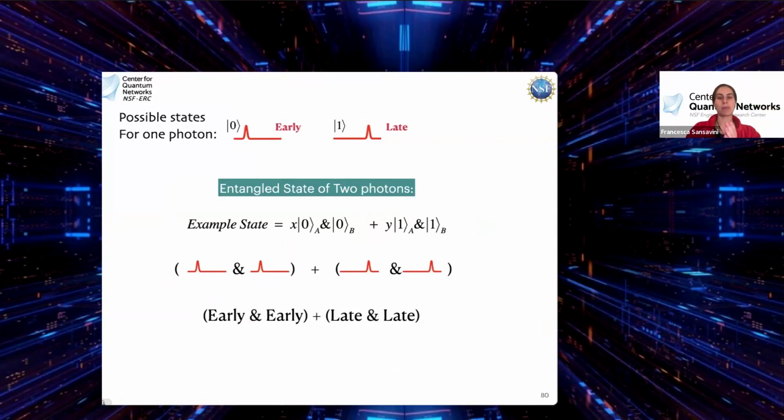So an example here is that the state 00 plus 11 in the time of arrival encoding is going to be identified with early-early plus late-late. And this is an entangled state in the time of arrival encoding.